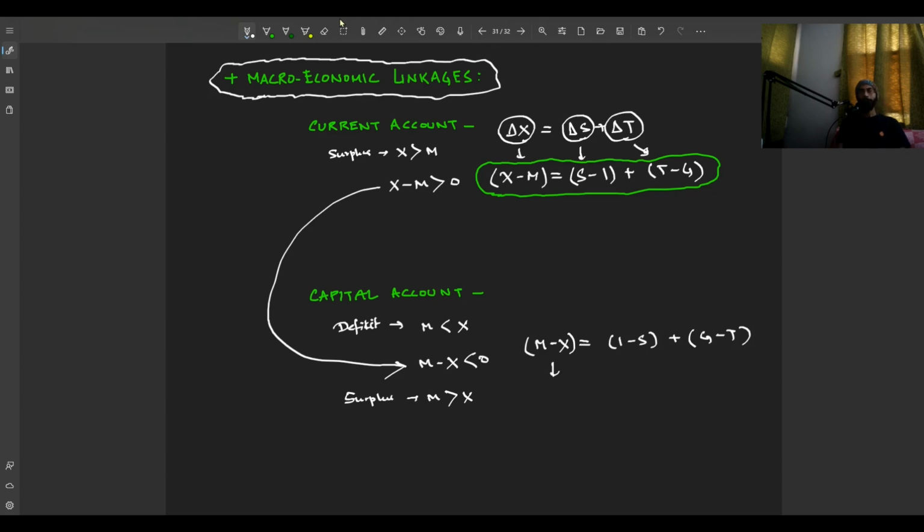So, excess imports of a nation, of a state, is equal to the sum of excess investments plus the deficit spending by the government, which is the excess over their tax income, right? So if you have a surplus capital account, that means you have higher imports, which is the sum total of the excess investments and the excess government spendings, which means the government is spending more than it earns through taxes, right?